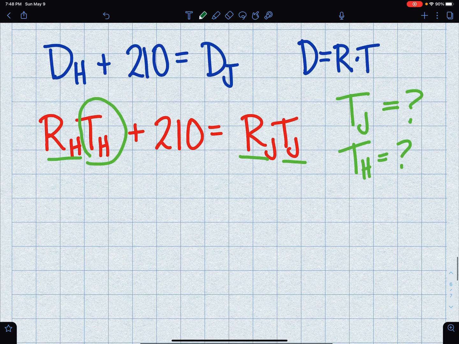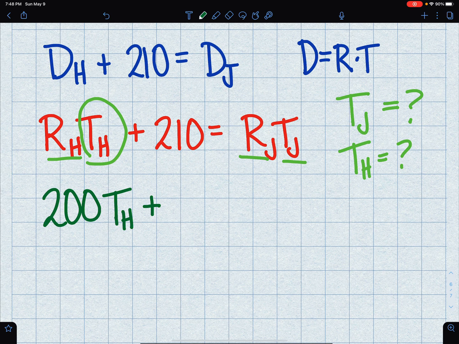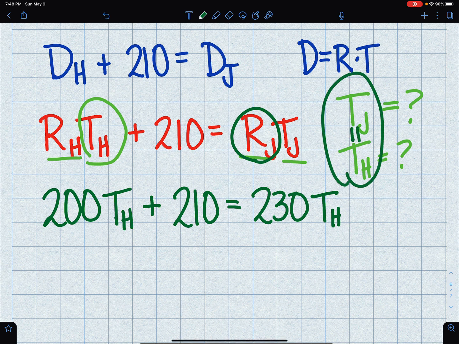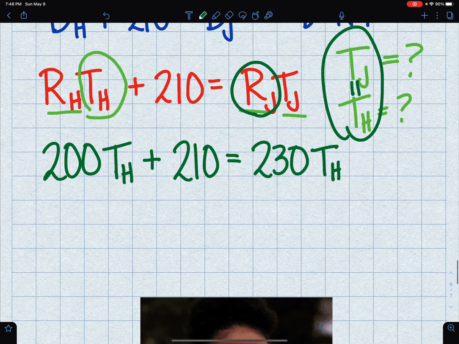So rate of Harry is 200 times TH plus 210 is equal to the rate of Jeanette, 230, times the time of Jeanette. But since these times are equal to each other, I can just substitute TH. Now I've got one equation, basically one unknown. So let's solve this problem.